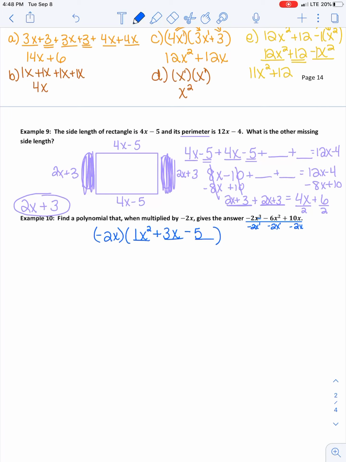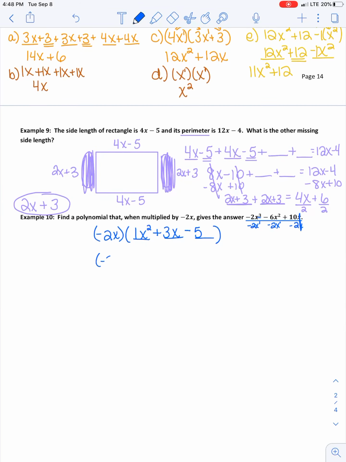We get -5. And the x's actually cancel each other out. Okay, so we can say if we multiply by -2x, we can multiply that by the polynomial x squared plus 3x minus 5, and that will give me the answer I wanted.